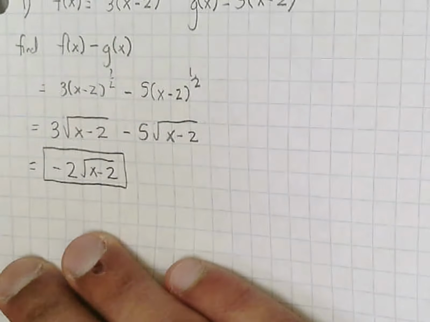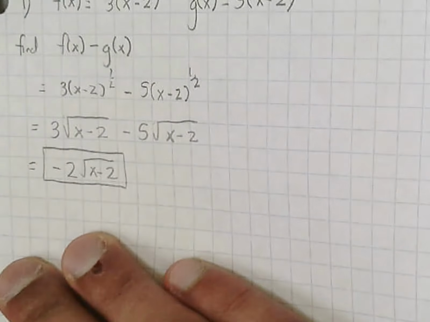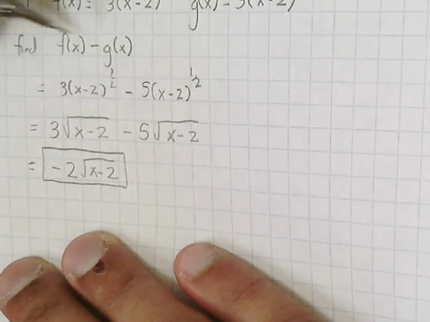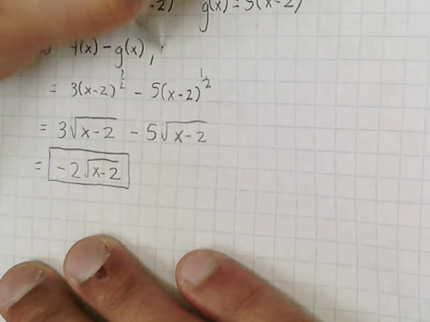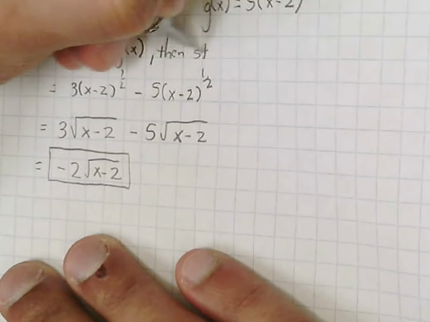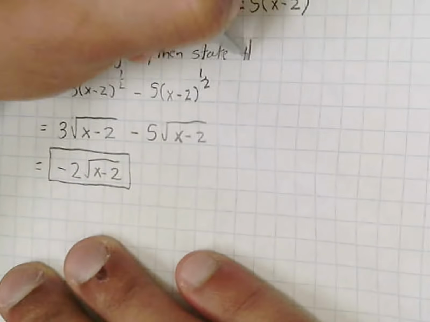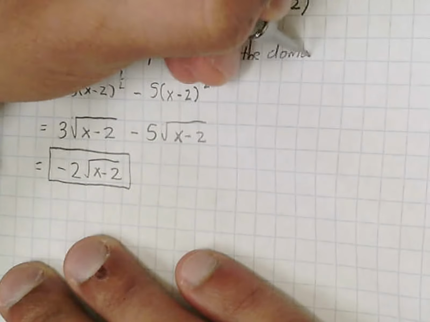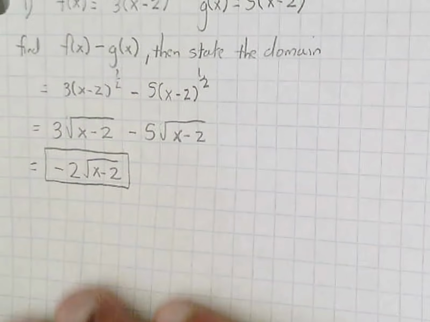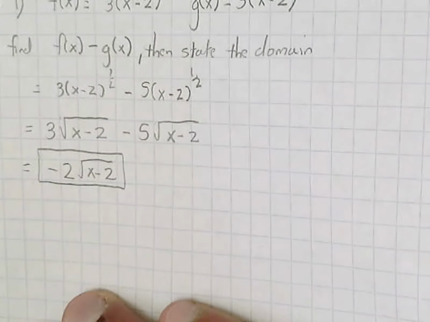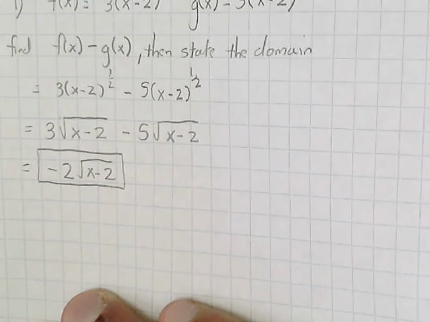Now something else you're going to be asked to do is state the domain of this function. So the directions would be find f of x minus g of x, then state the domain. Now remember from your video that you watched last night, the domain are all of the x values that return a defined value.